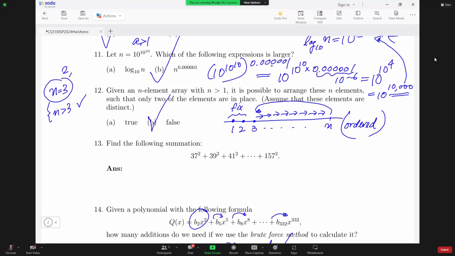It's false. If you say true, I give partial credit, 2 points, because here it's partially true. Partial credit.